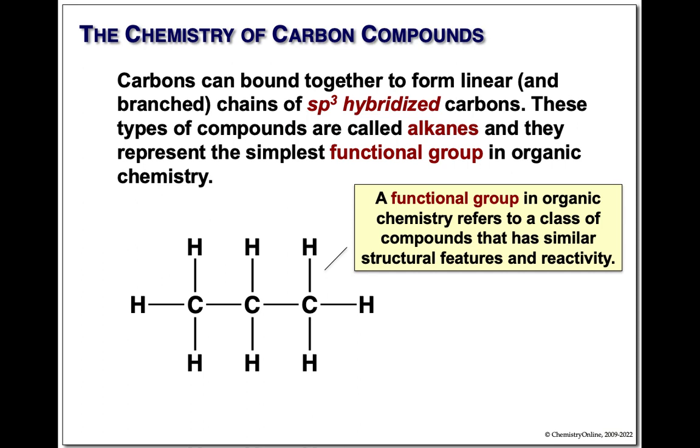The simplest of the functional groups is simply carbon connected together with hydrogens all the way around. Every carbon has 4 bonds, 1, 2, 3, 4, 1, 2, 3, 4, 1, 2, 3, 4. These are all sp3 hybridized.